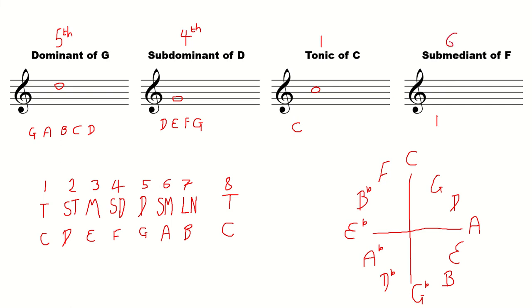So F, G, A, 1 flat, so it's B flat, C, D. 1, 2, 3, 4, 5, 6, D. So the submediant of F is the note D.